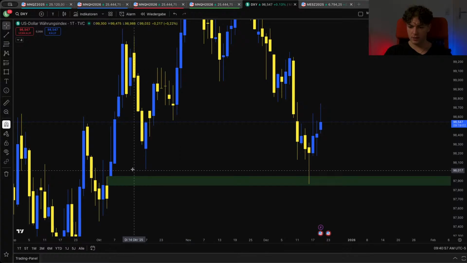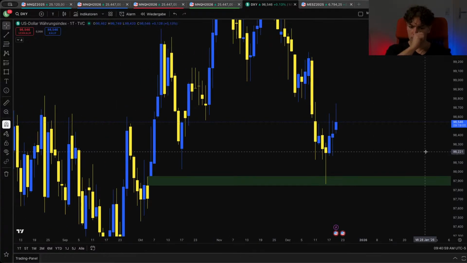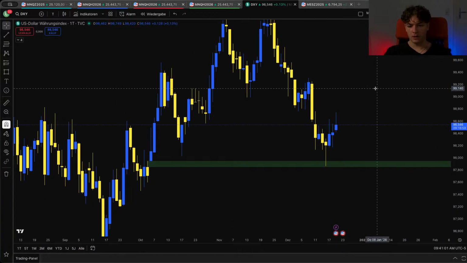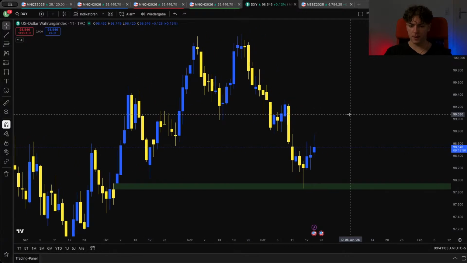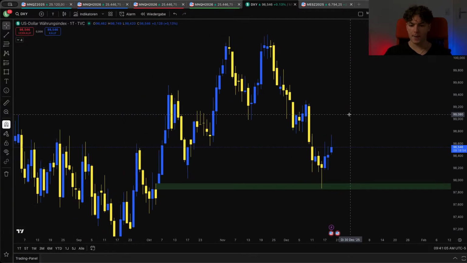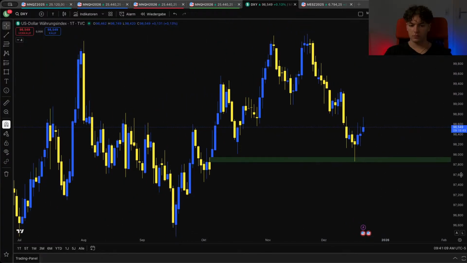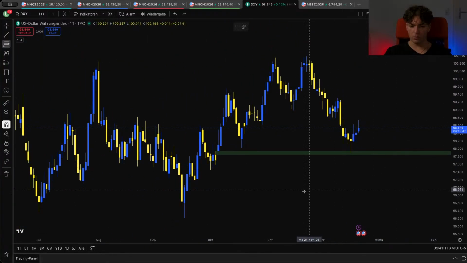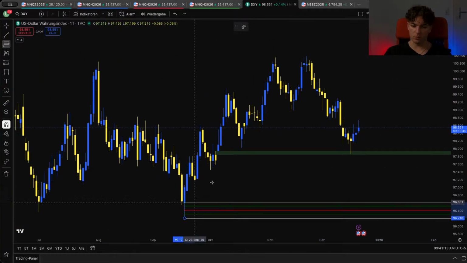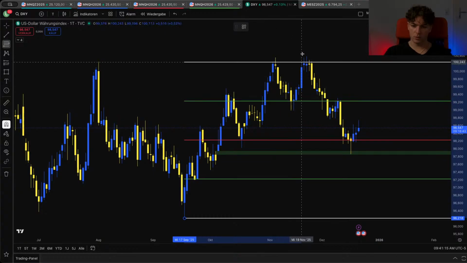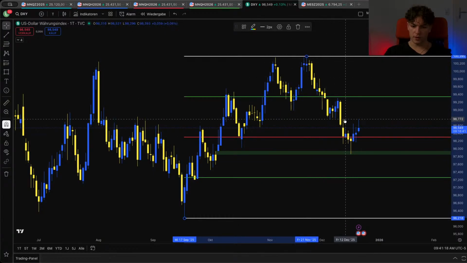We've taken out buy side here, sell side here. So dollar is actually rather bearish than bullish right now. We also traded down into a discount.